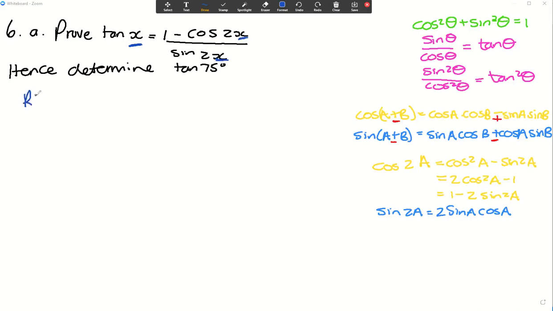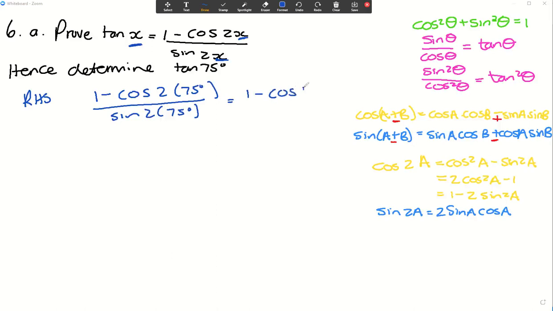So if I take my right hand side and I say 1 minus cos 2 times 75 degrees all over sine 2 times 75 degrees, I end up getting 1 minus cos 150 all over sine 150.